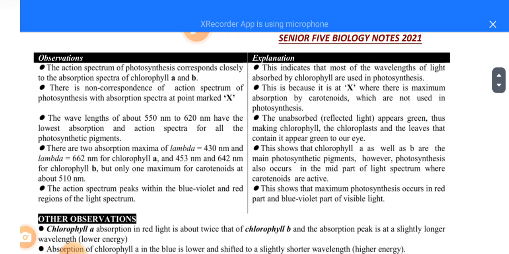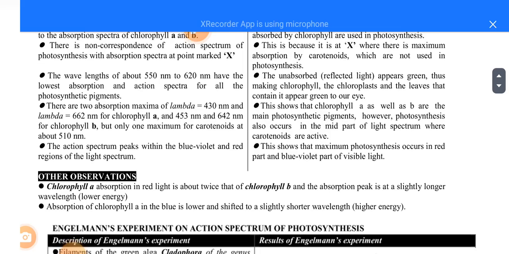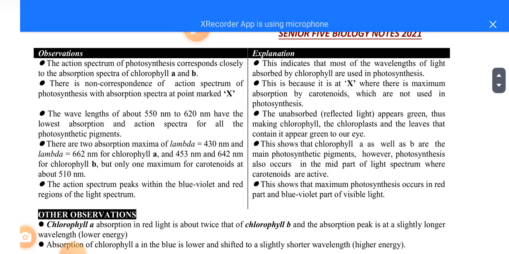This is what I've been talking about there, like the action spectrum peaks within the blue, violet and the red regions of the light spectrum.